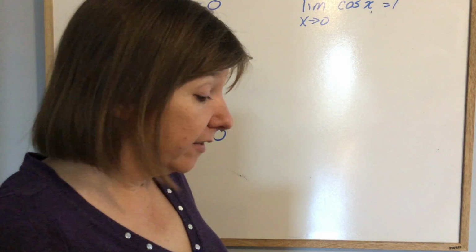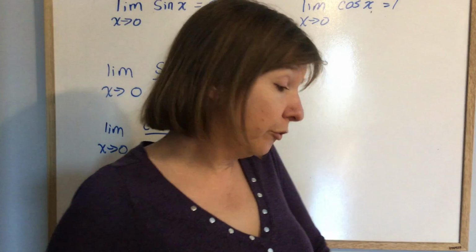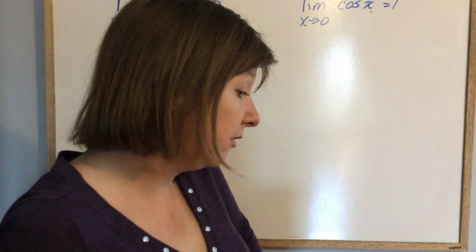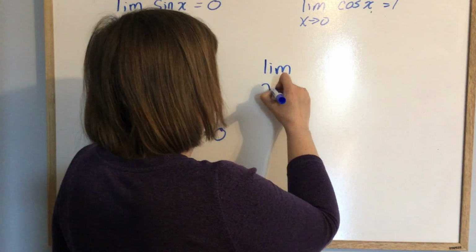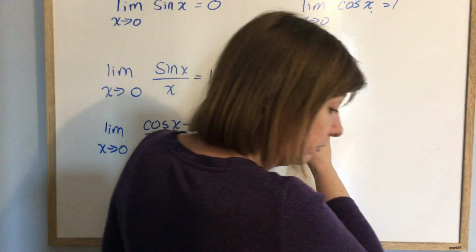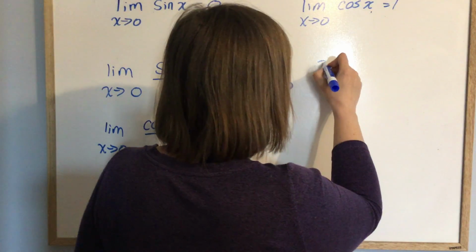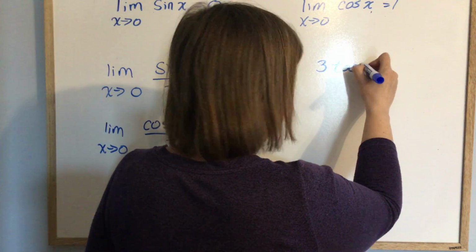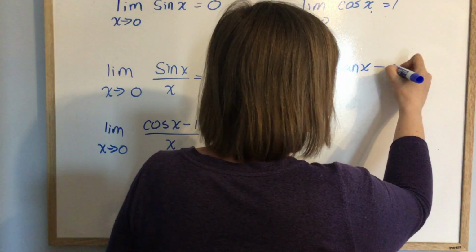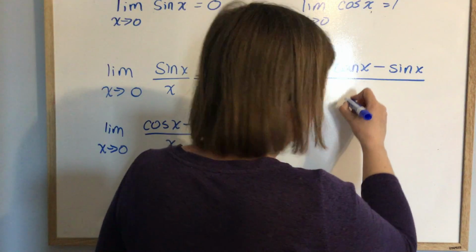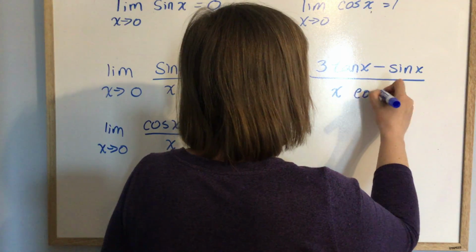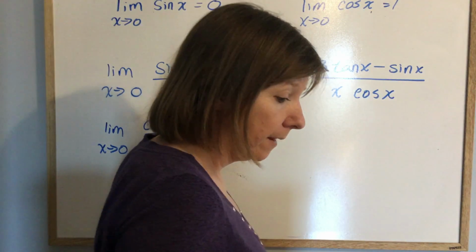Last one, and this is all I'm doing for today. Isn't that wonderful? Last one is my limit as x approaches 0 for 3 tan x minus sine x all over x cos x.